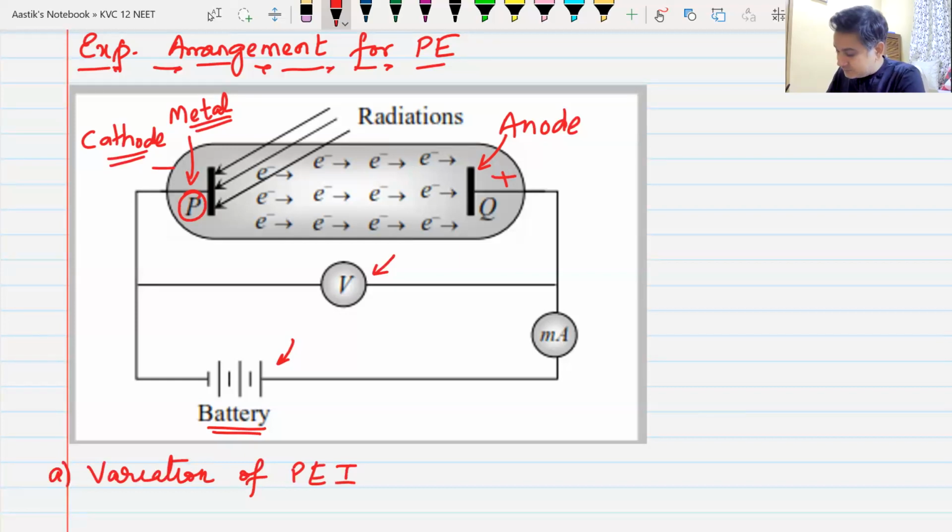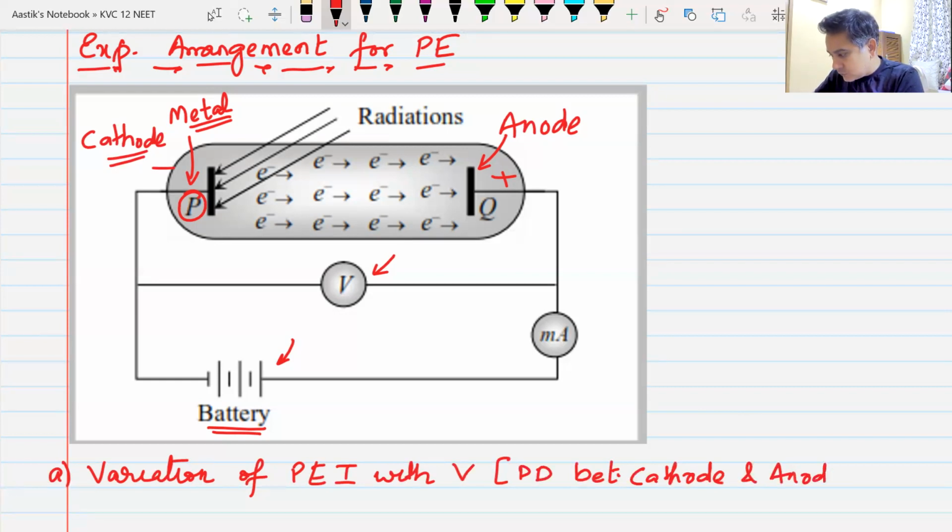PE I, photoelectric current, with V. You understand the meaning of V? V is the potential difference between what? The cathode and the anode. So we'll just write what are the observations that are made.